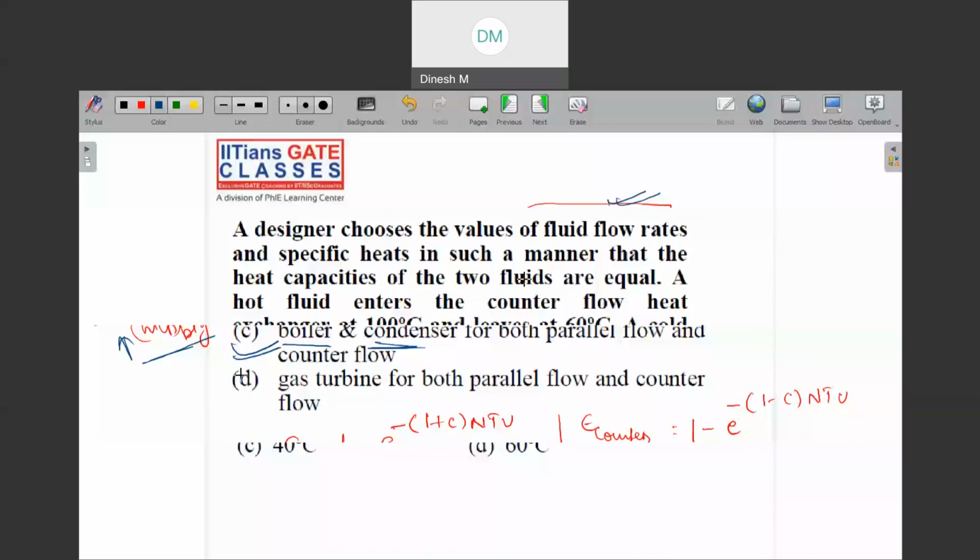So this is for counter flow, and one of the conditions is that heat capacities are equal.